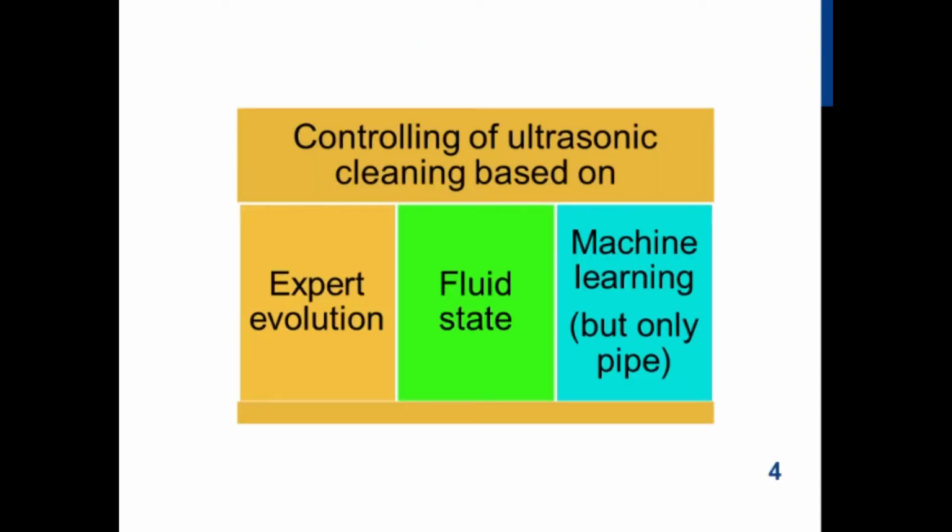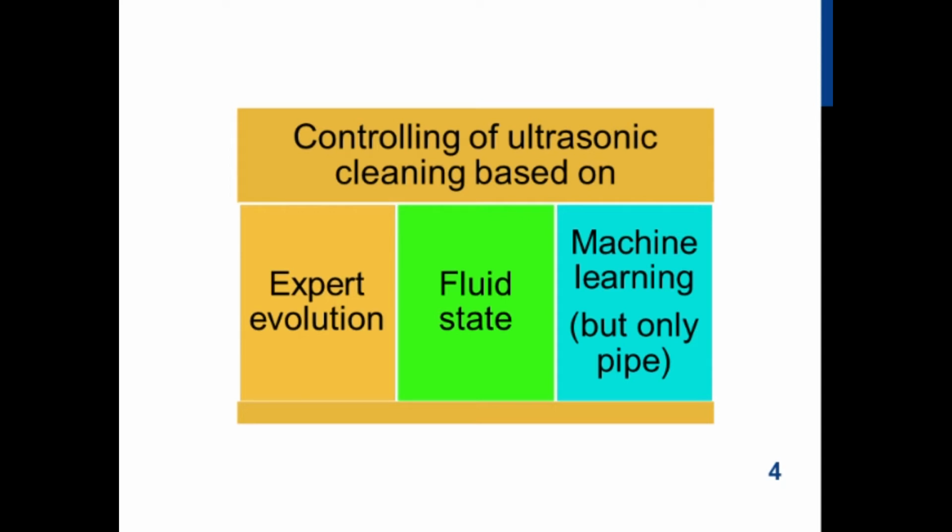One of the approaches for increasing the energy efficiency of ultrasonic cleaning is to improve the methods of controlling this process. Usually the ultrasonic cleaning process is controlled by time factors with expert evaluation. But there are new, more intelligent ways to control ultrasonic cleaning.